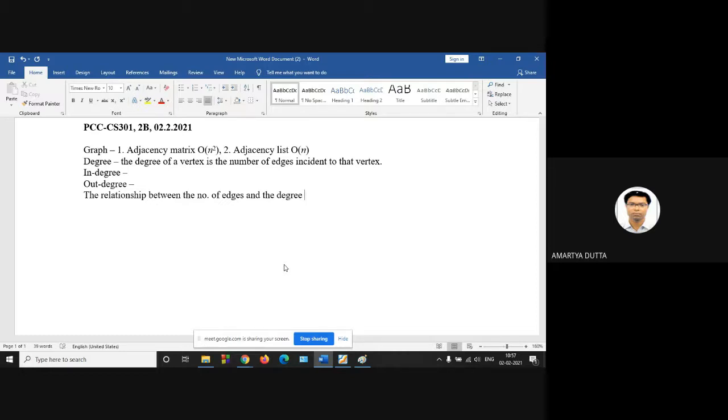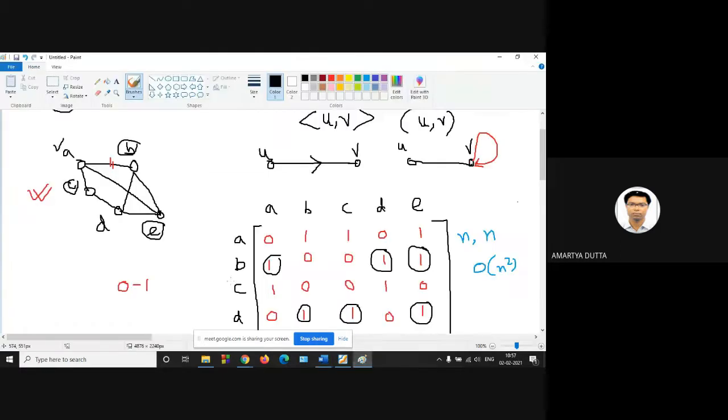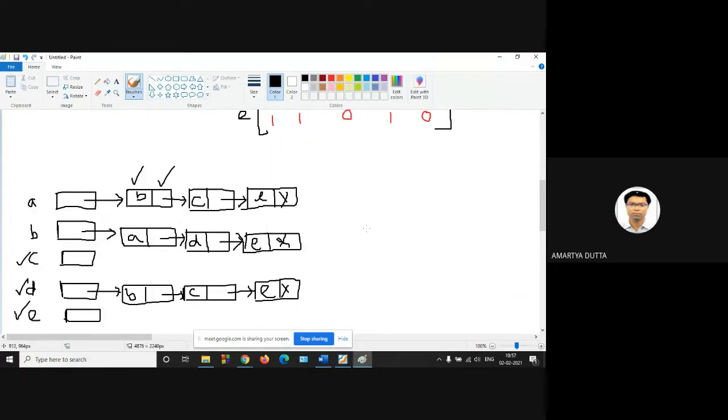So what is the relationship between this? It is written in this way. E is the number of edges.